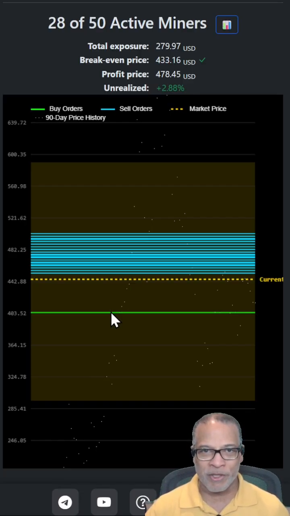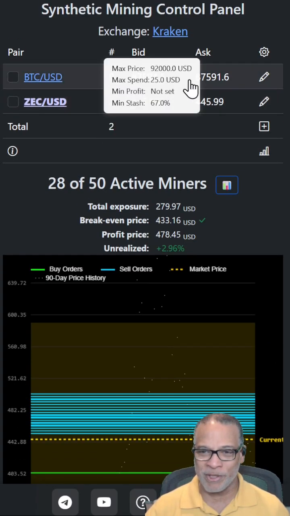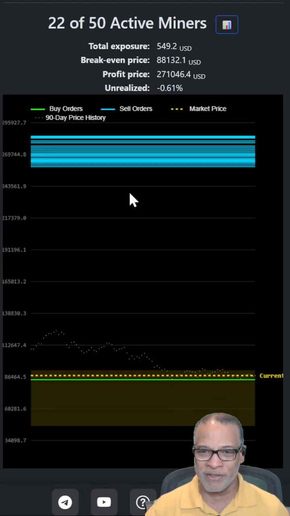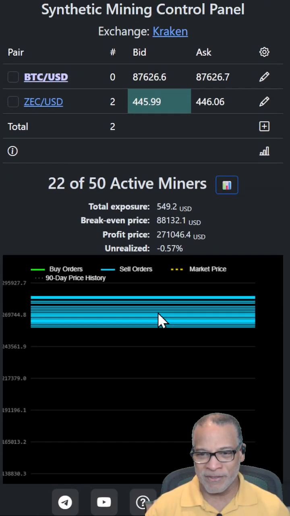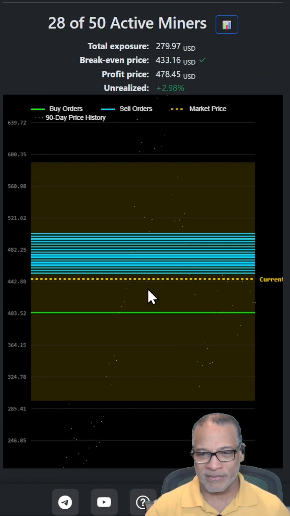It's been 12 days and there's been quite a bit of activity, mostly on Zcash. But even so, with Bitcoin, we went from two active to 22 active. But Zcash is the one to watch, if you like watching the volatility and watching it do stuff.